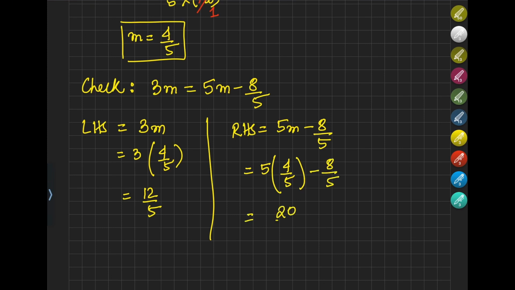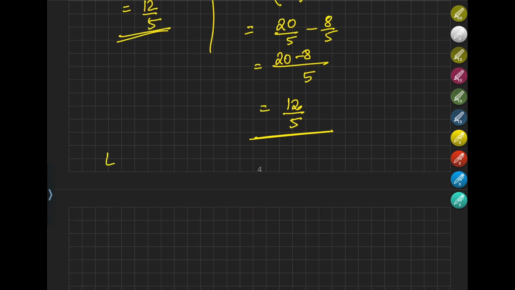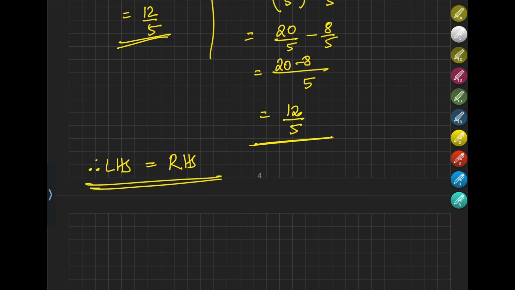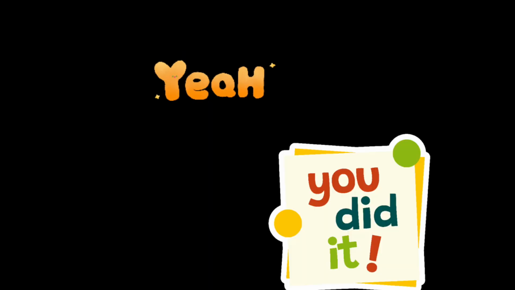So we have 20 by 5 minus 8 by 5. LCM is 5. So 20 minus 8 is equal to 12 by 5. So we have 12 by 5 in the LHS as well as in the RHS. And with this we come to the end of exercise 2.1.